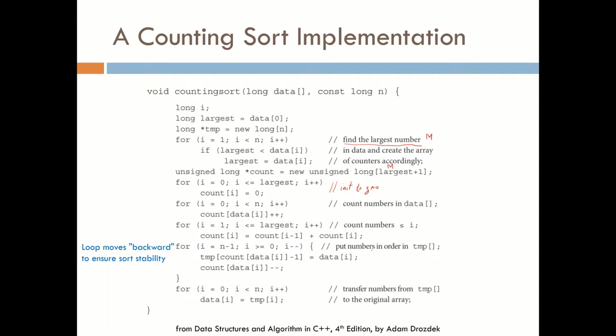This is what moves through the original data array. You notice that i is the index in this for loop, and it's being used directly on the data array. And i moves backward from n-1 all the way to 0.